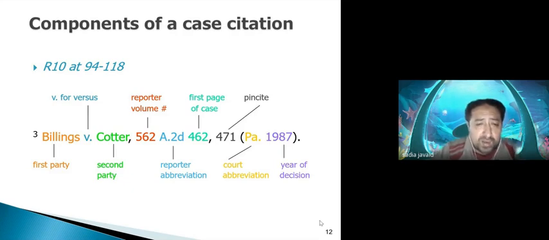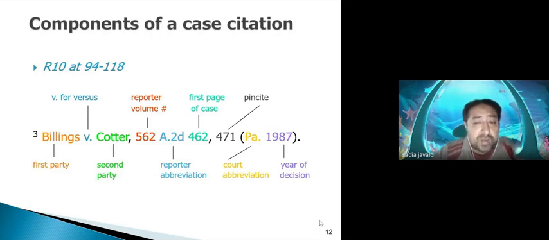You are looking here at the citation. Billings is the first party, V is for versus, and Cotter is the second party. 562 is the reporter volume number. A.2d is the reporter abbreviation. 462 is the first page of the case, and 471 is the pin cite, where the citation is available.